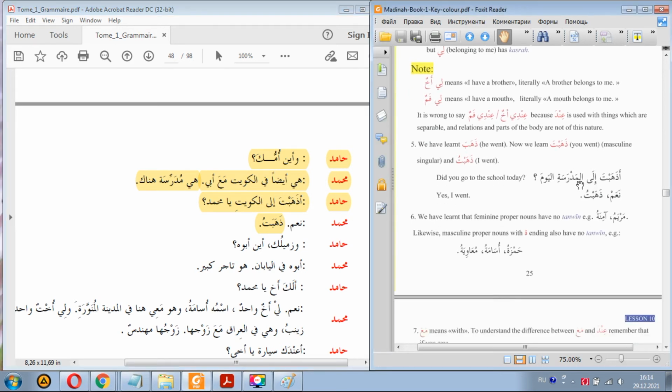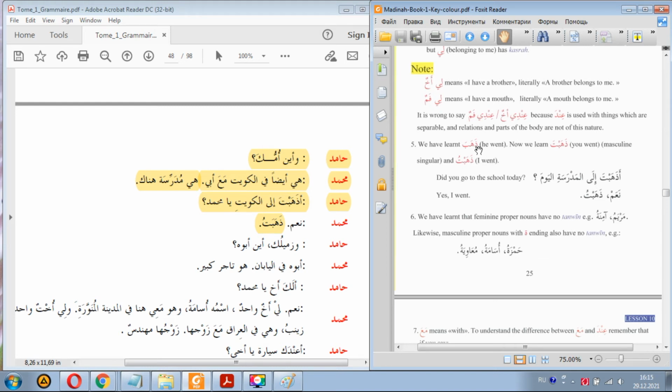أذهبت إلى المدرسة اليوم? Did you go to the school today? You see, this ذهبت already implies that you go. If you have this ذهب, it already implies that he went. If you have this ذهبت, it implies I went. Because of different forms of this ta, or whether it's lacking or not, you know which pronoun is implied.